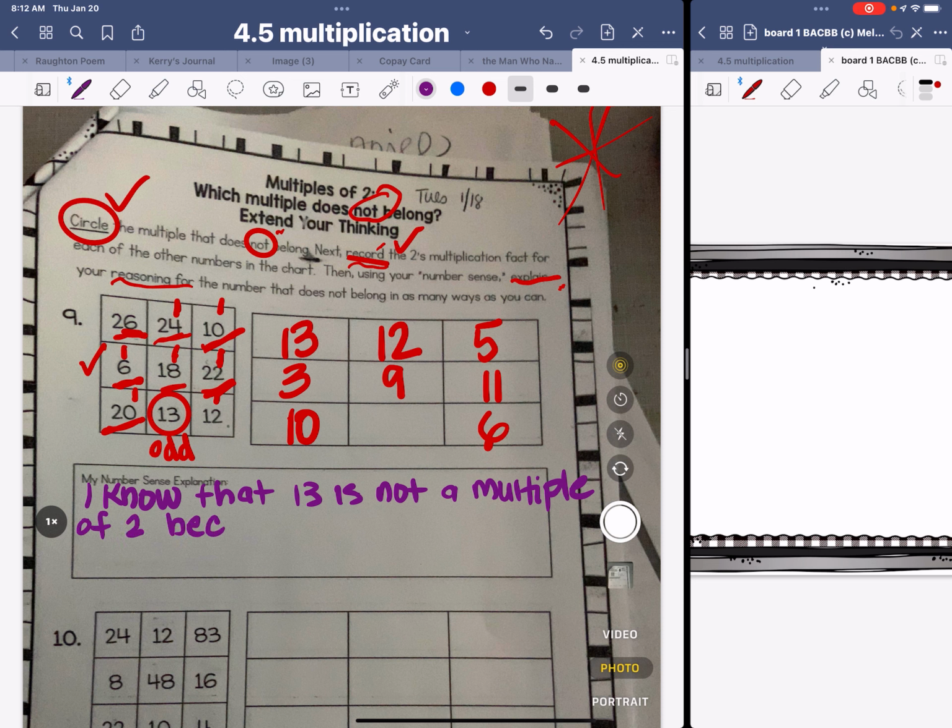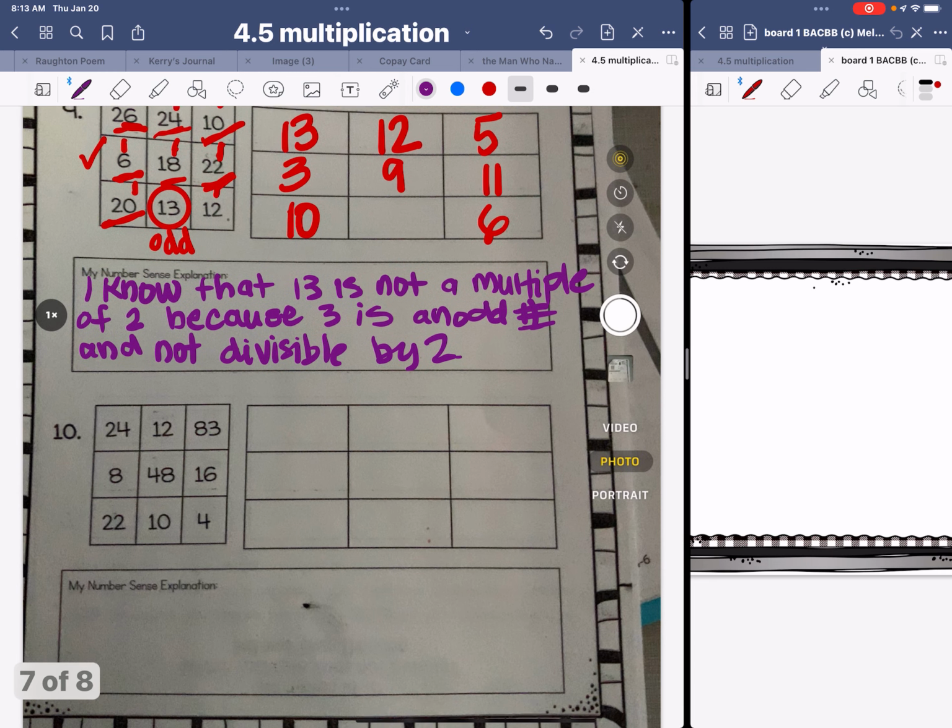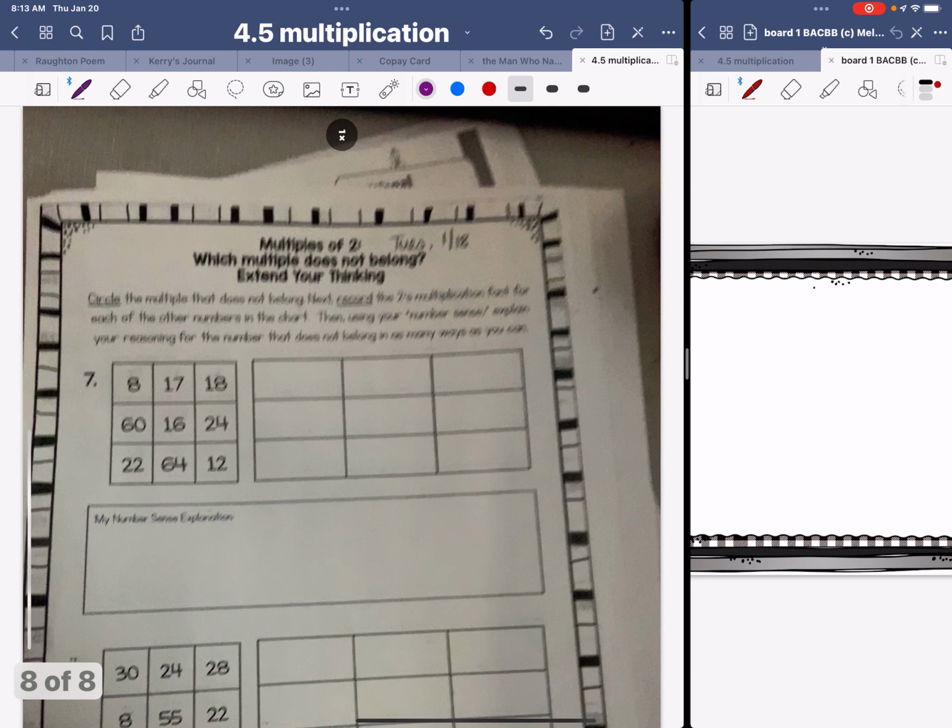Because three is an odd number. And this right here, this is just shorthand for number, is an odd number and not divisible by 2. Okay, and so then you need to answer number 10 the same way that we just did.